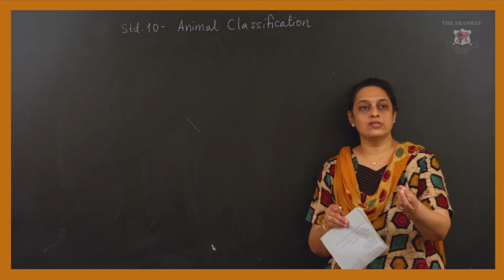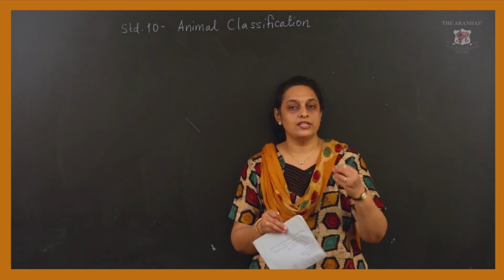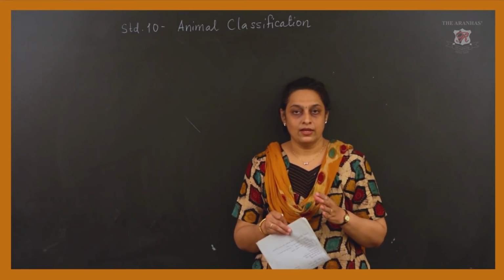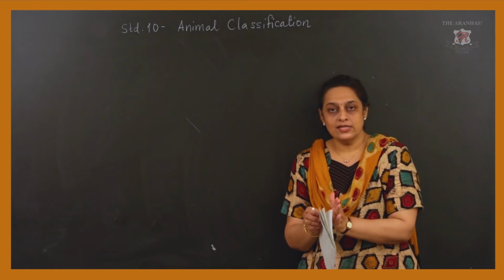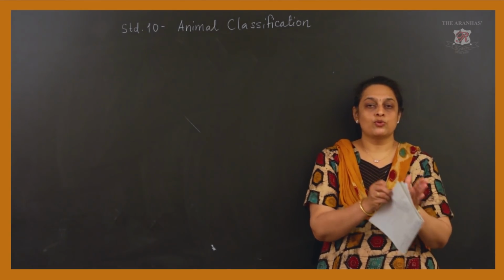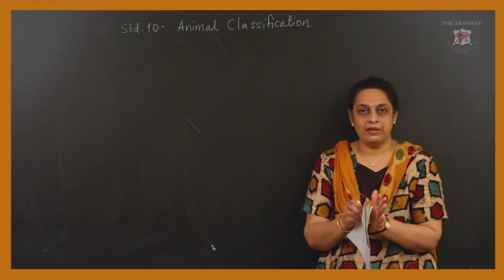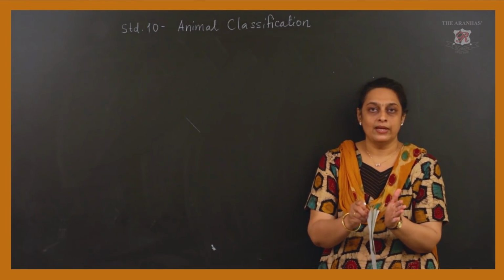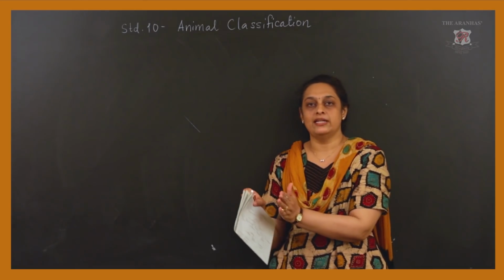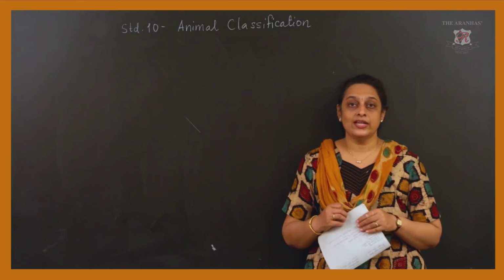Say, suppose let us take percentage, students' percentage. So, students with higher percentage in one group, students with a moderate level of percentage, maybe they will form another group, and students with less percentage will form a third group. So, here how is classification being done?